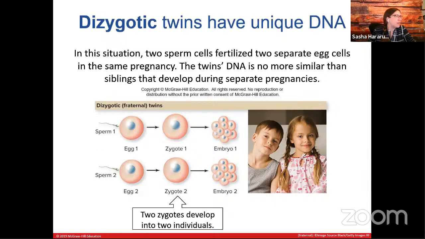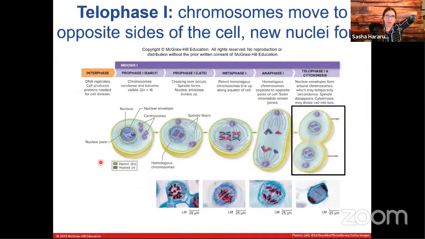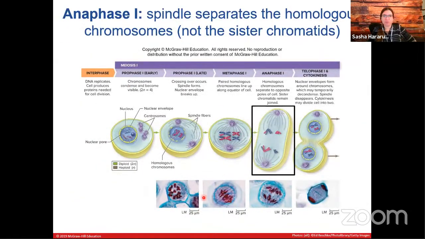All right. A question from Sarah. Can you go over anaphase 1 again, please? Yes. Here we go. Anaphase 1. During anaphase 1, the spindle fibers shorten and they pull apart chromosomes to the polar opposite sides of a cell.